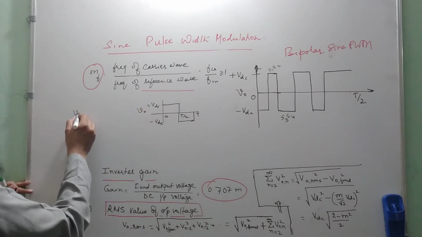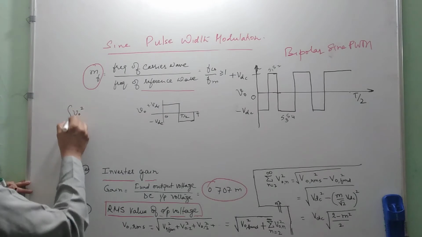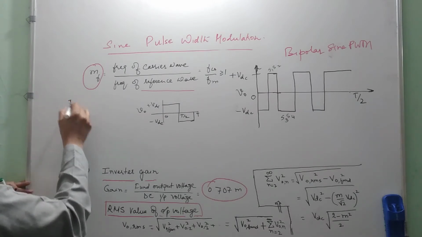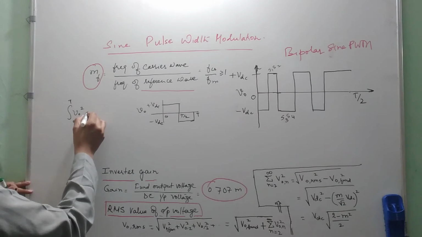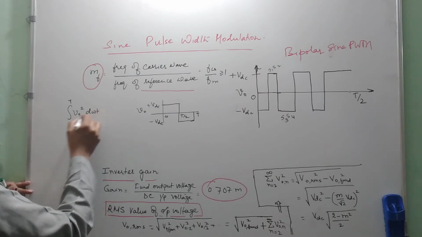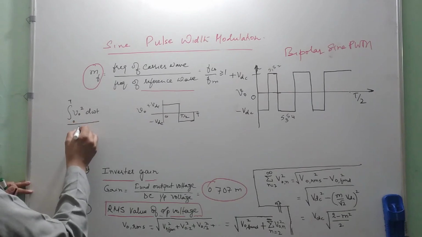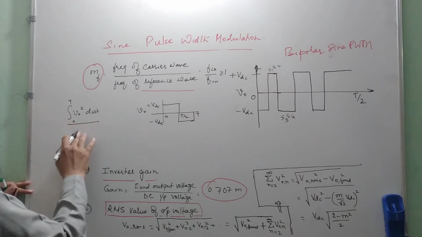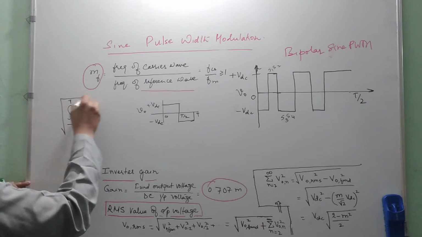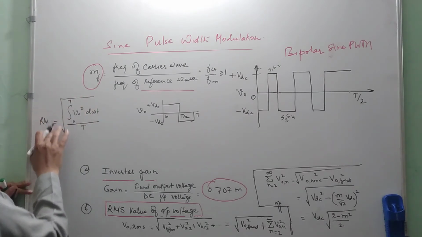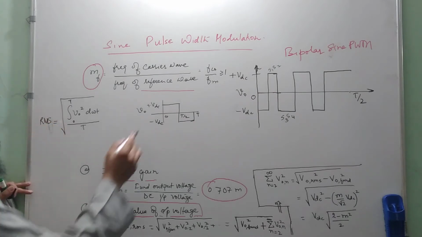So it is VO square, and it has to be integrated for the whole duration from 0 to T, d omega T, and finally average of this divided by the total time, which is T here, and finally taking out the square root. So this is the RMS value of this square wave.